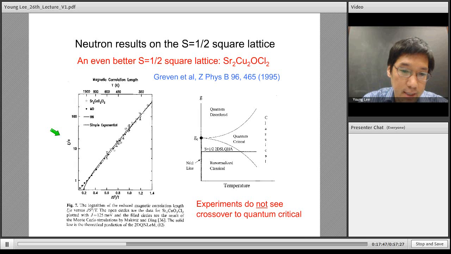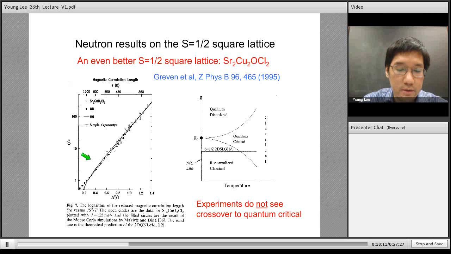And they can now apply this or try to fit this with some of the theories. I think there's some comparison to, again, the quantum nonlinear sigma model. It goes a little bit beyond the approximation that Chakravarty, Halperin, and Nelson had made, so this is an even more accurate prediction from theory that matches the data really well.